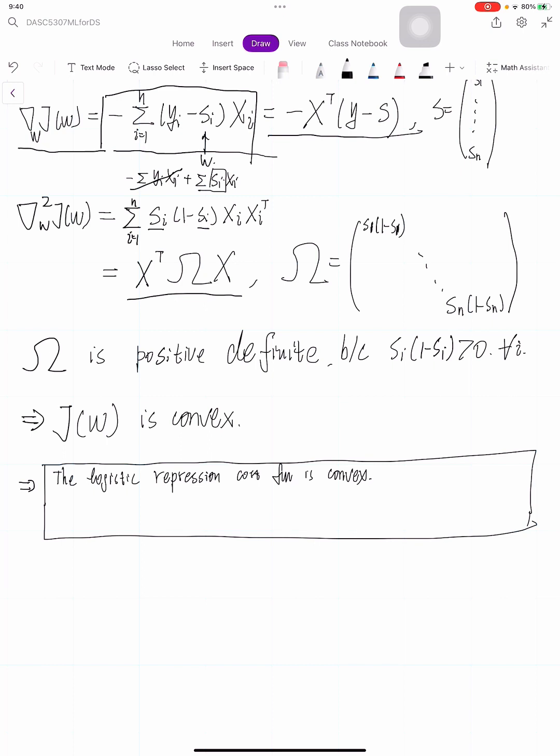So with Newton's methods, there will be a unique global optimum point, which can be found by Newton's methods.